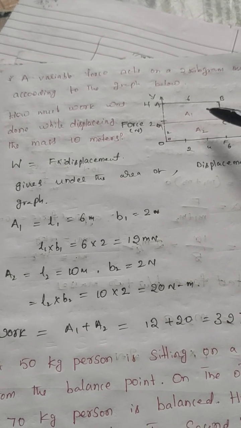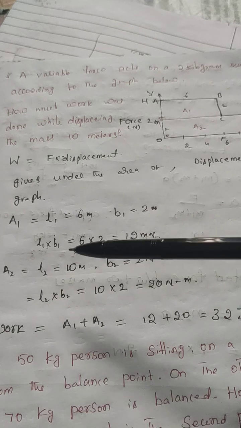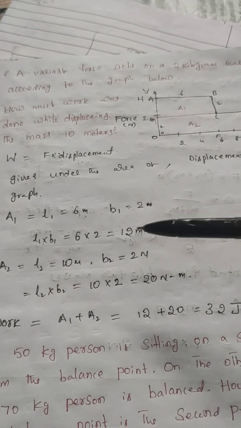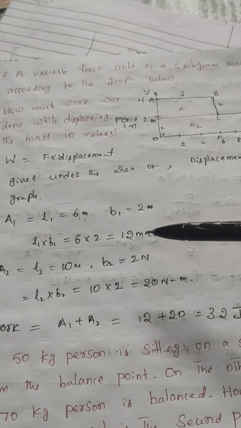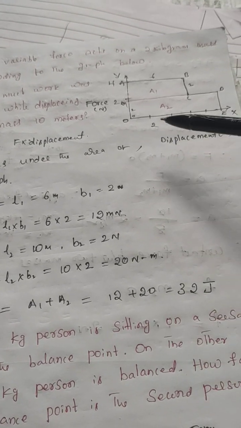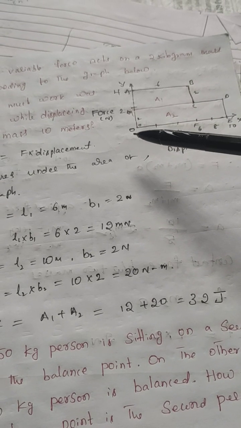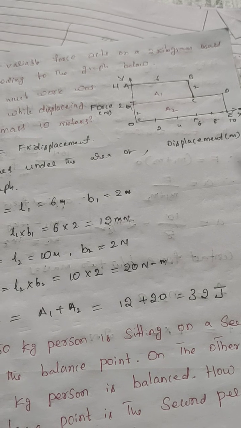First, the area of this rectangle is L1 into B1. The area of a rectangle is length into breadth, 6 into 2 gives 12 Newton meter.